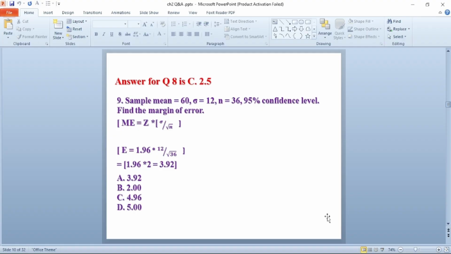So here the z value is 1.96 times 12 standard deviation divided by square root of 36. So here the value is 3.92. So the margin of error must be equal to the value 1.96 times the standard error. So we can calculate like this, and the answer is A.